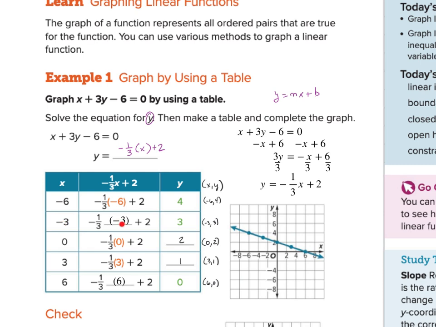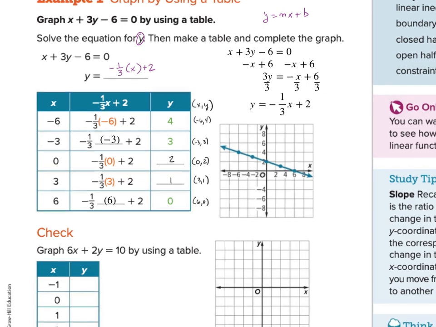Negative 3, you plug it in, you get y is 3, and so forth. As we plug into our equation and get our solutions, we put in an x, we get out a y, and that creates my xy coordinates that I am able to graph over here on the graph. Okay, so that's what I'm able to come up with, and being able to understand how to do that and do it with some fidelity and accuracy.